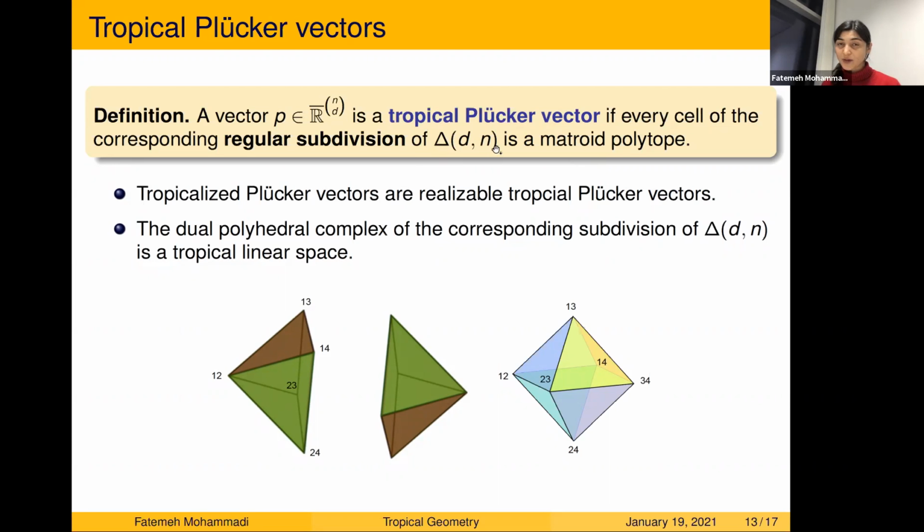That's my hypersimplex. You start from this polytope and you use these vectors to lift the vertices of your polytope one dimension higher. This lifting would induce a regular subdivision on your original polytope. And if you look at this regular subdivision and see that every cell of it is itself a matroid polytope, then this vector is going to be called a tropical Plücker vector.